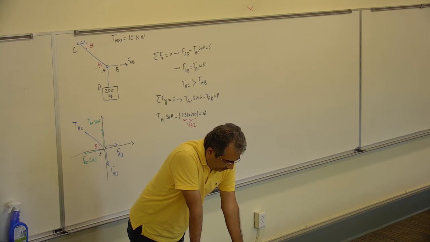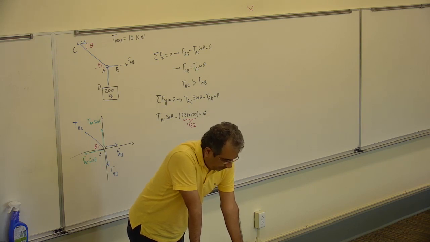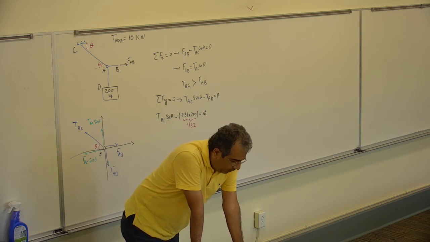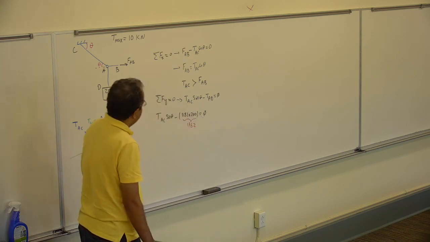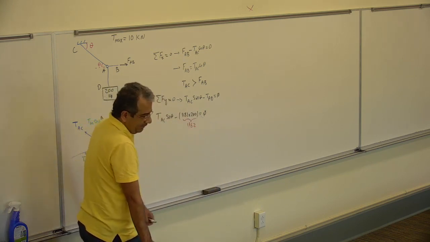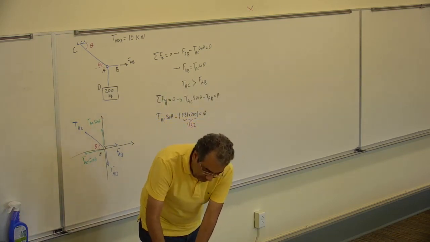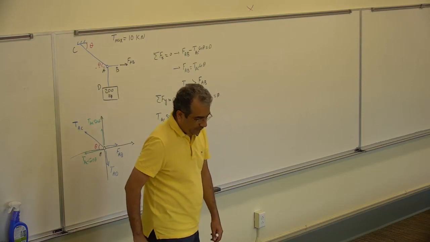So that would be 1.9 kilonewtons, right? Okay. Now between AC and AD, which one reached the 10 kilonewton first?